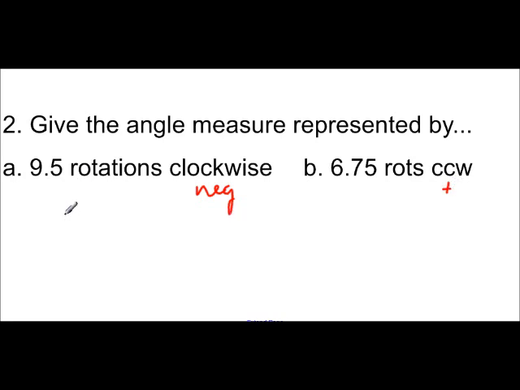So 9.5 rotations clockwise is 9.5 times negative, and one full rotation is 360 degrees, so it's 9.5 times negative 360 degrees, or negative 3,420 degrees. If we're going counterclockwise, it's 6.75 times positive 360 degrees, or 2,430 degrees, as you'll see in my notes.